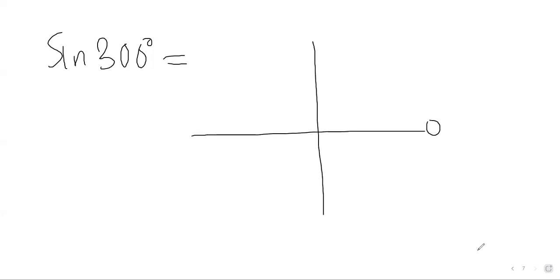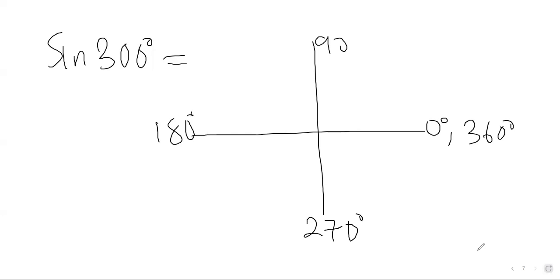From here to there it's 90, 180, 270, 360 degrees. All these are degrees. So for 300, you move anti-clockwise.